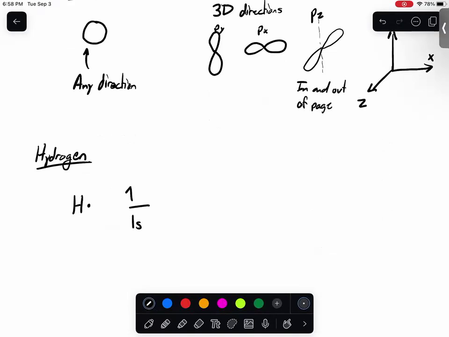The further we go out, the more orbitals there are to choose from. But for hydrogen, since it only has this 1s orbital, there is nothing else. It's just that 1s orbital.